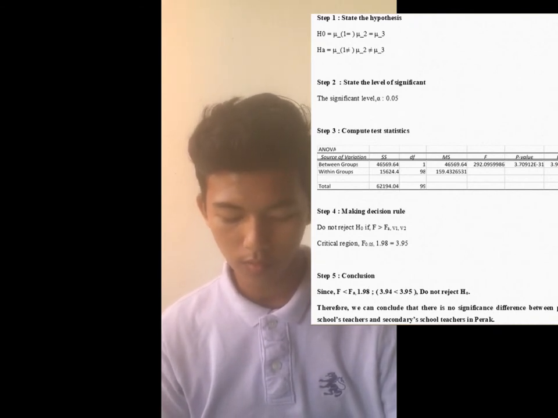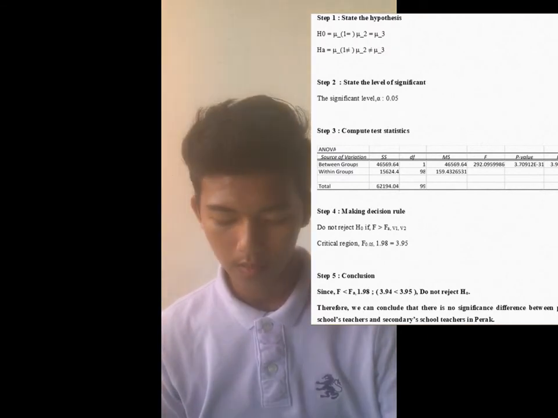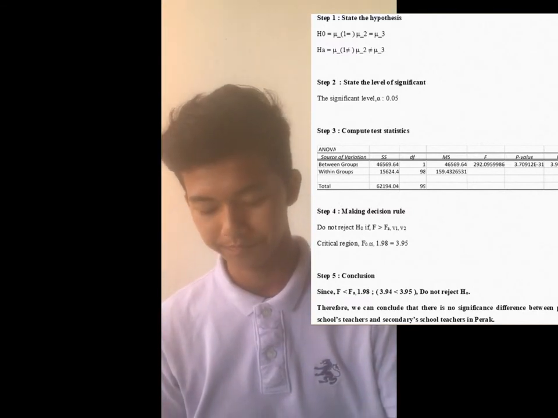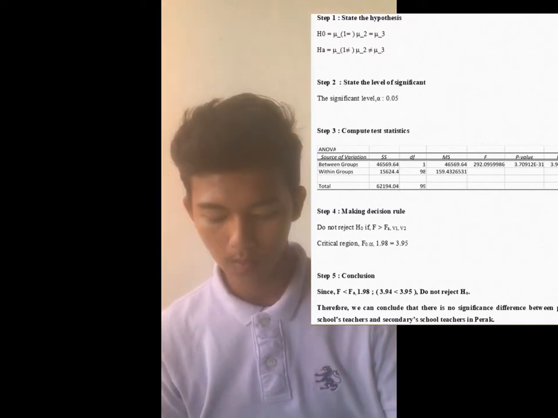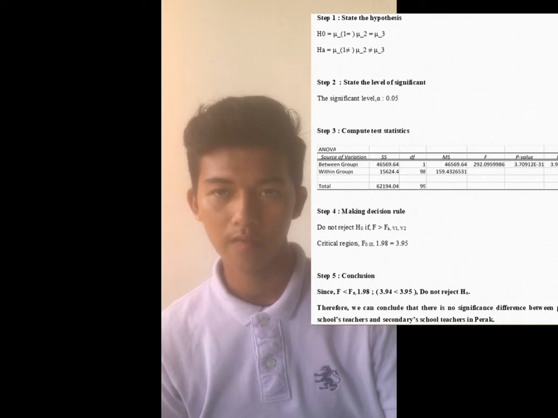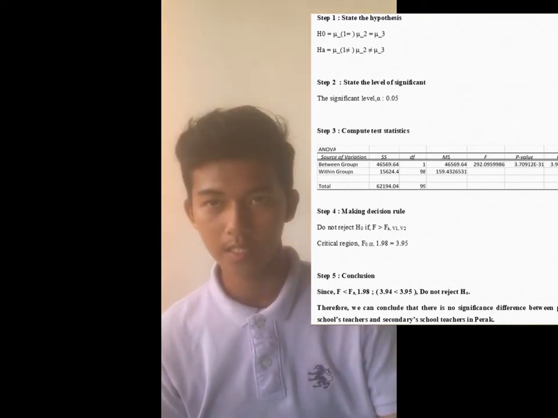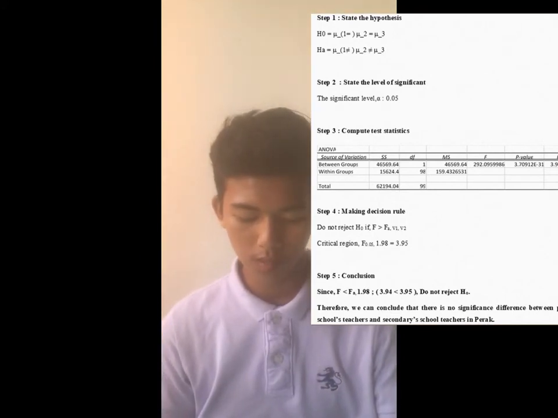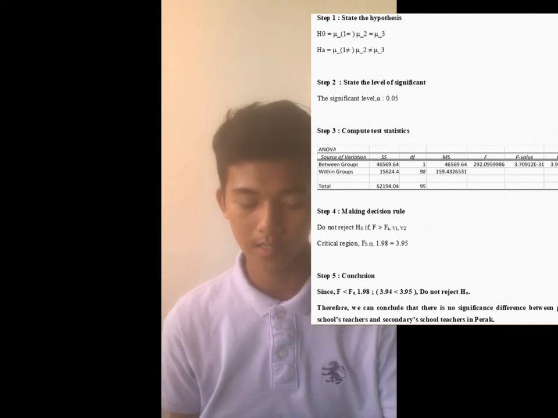F for between groups is 292.095998986. The P-value for between groups is 3.70912E-31 and the F crit for between groups is 3.938111078.